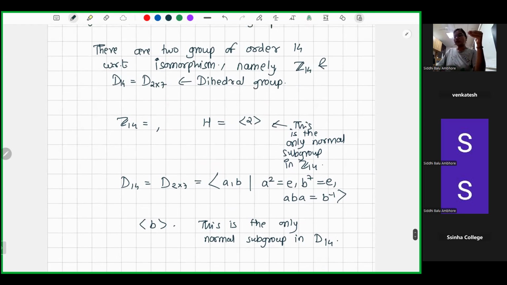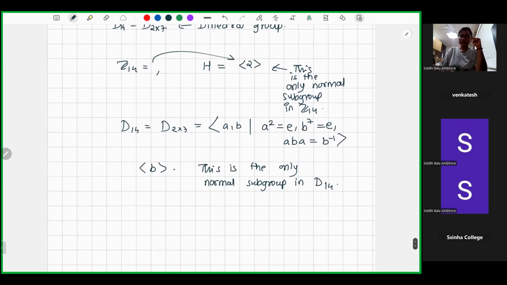So for a group of order 14, we have only two possibilities. Either it will be isomorphic to Z14, in which case the subgroup is generated by 2, and this is cyclic and abelian, or it will be isomorphic to D14, which is neither cyclic nor abelian.